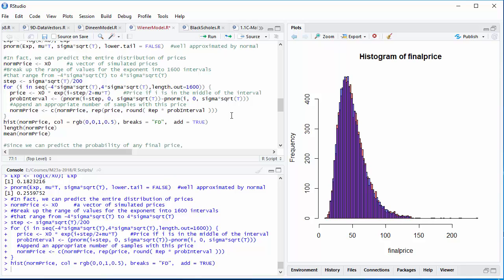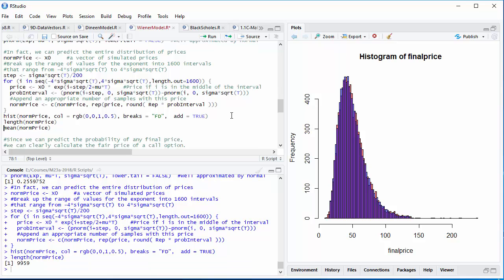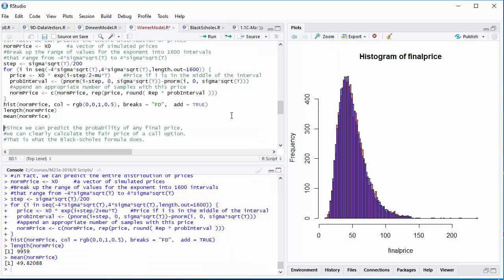Looks a bit far-fetched, but if I overlay a histogram of that on the previous histogram, the two histograms match almost perfectly. And the mean value of these prices is very close to 50.